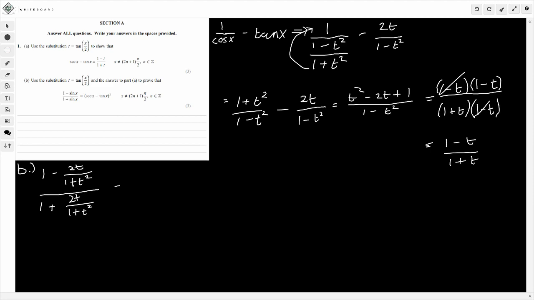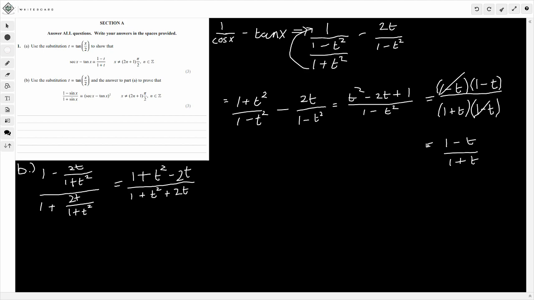If we do that, that gives us 1 times (1 plus t squared) minus 2t, so it's 1 plus t squared minus 2t, divided by, again, 1 times (1 plus t squared) plus 2t. So it's 1 plus t squared, but instead of minus 2t, it'll be plus 2t.